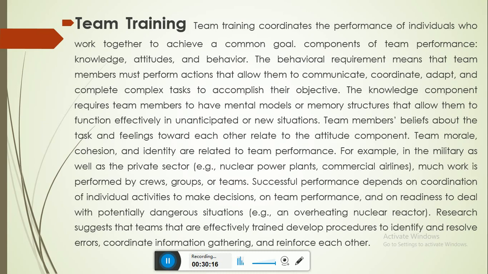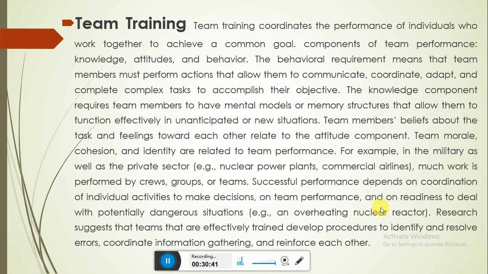Everyone needs to understand what's happening. Everyone needs to see the situation behind the training sessions, and most of them need to understand the research, the information they have gathered, and the dangerous situation that they will face, like an overheating nuclear reactor.